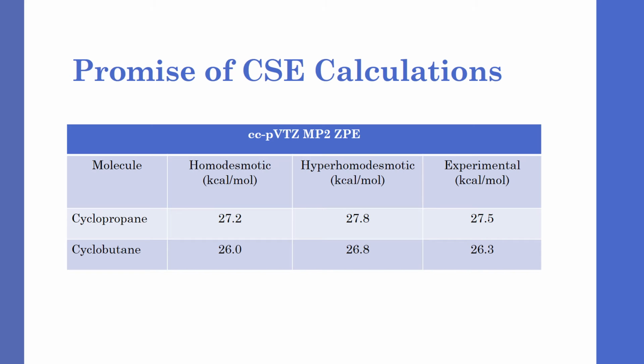You can see that both the homodesmotic and hyperhomodesmotic results for cyclopropane are very close to the experimental result for cyclopropane, and the same can be said for cyclobutane. The reason we find CSE calculations so promising is that these results are thermodynamically accurate, because they are within plus or minus 1 kcal per mole.